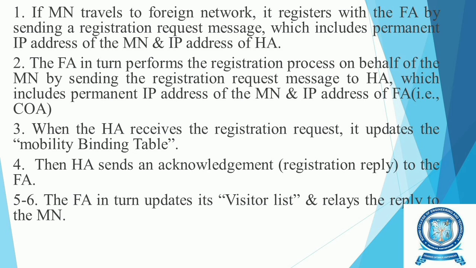If a mobile node travels to a foreign network, it registers with the foreign agent by sending a registration request message, which includes the permanent IP address of the mobile node and the IP address of the home agent. The foreign agent in turn performs the registration on behalf of the mobile node by sending the registration request message to the home agent, which includes the permanent IP address of the mobile node and the IP address of the foreign agent, that is, the care-of address.